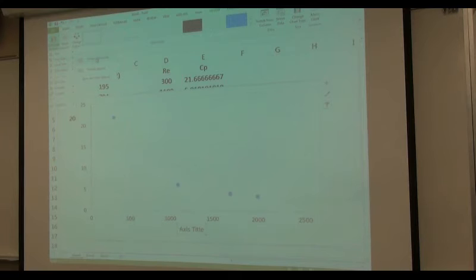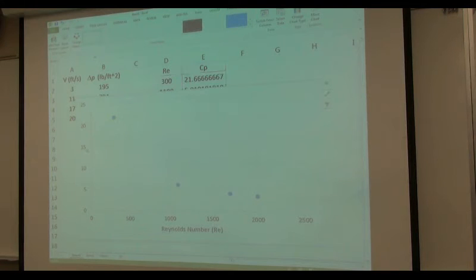The primary horizontal axis, of course, is Reynolds number, so the x axis is Reynolds number.